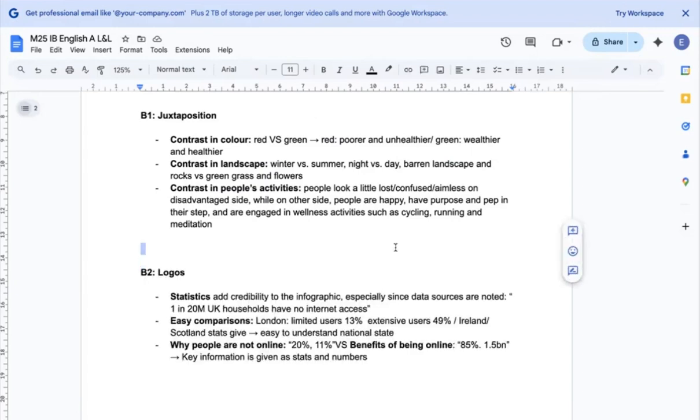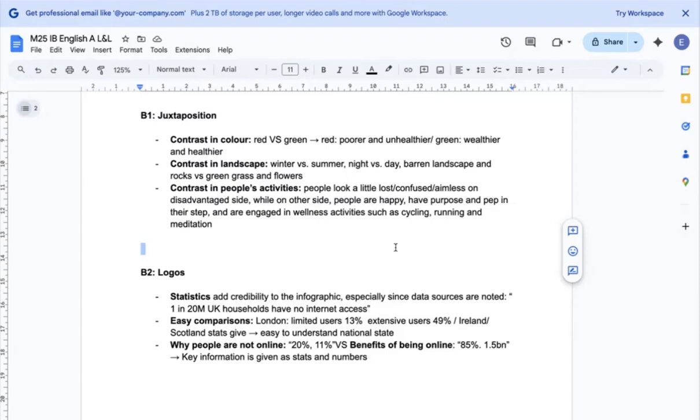Next is about the vast use of logos, which is a common technique in infographics. First of all, there is a comprehensive use of statistics. Those add credibility to the infographic, especially since data and numbers allow easy comparisons and understanding of the current state, such as London has limited users 30%, extensive users 49%.